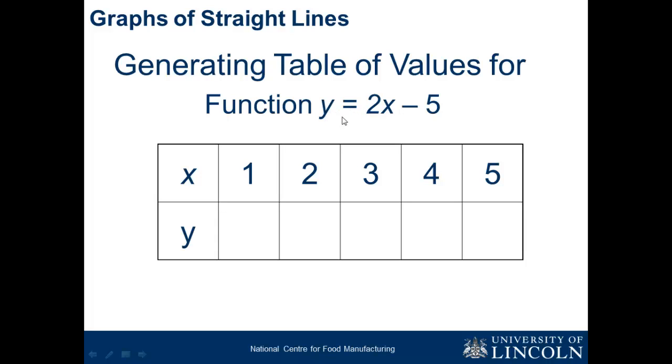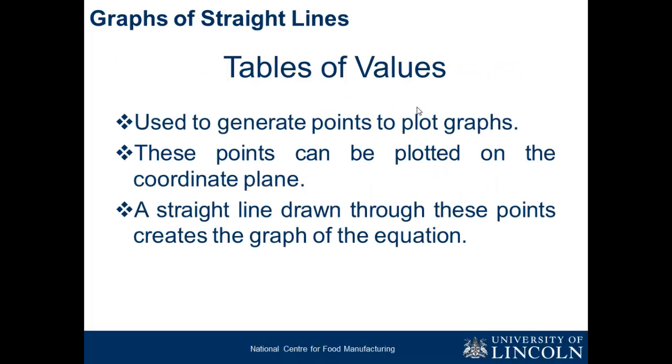We've been given this function y equals 2x minus 5. Without even drawing the graph, I know you could tell me the orientation of this graph, because we can compare this to the general formula I've given you for the equation of a straight line graph.